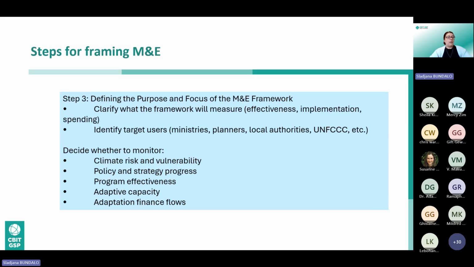Within the next step, we are defining the purpose and focus of our M&E framework. Actually, we have to answer here, what exactly do we want to measure with our M&E framework? Are we tracking effectiveness or implementation, funding or available funds provided for adaptation, or maybe we measure changes in adaptive capacities?